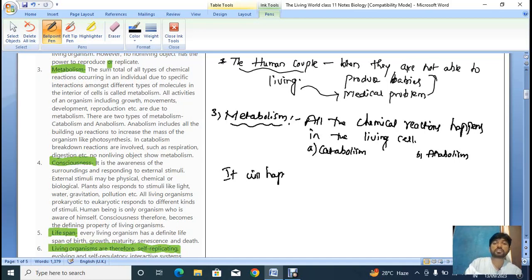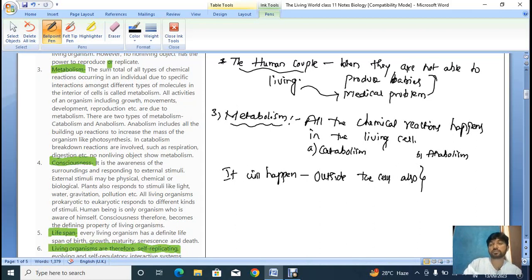The chemical reactions will happen outside the cells also, but they do not come under metabolism.